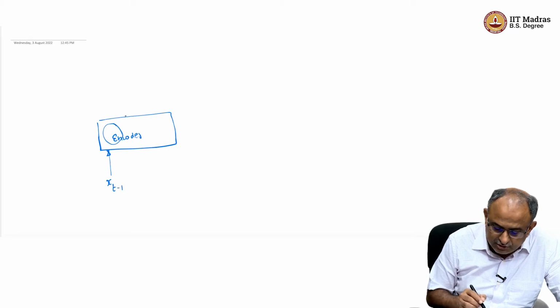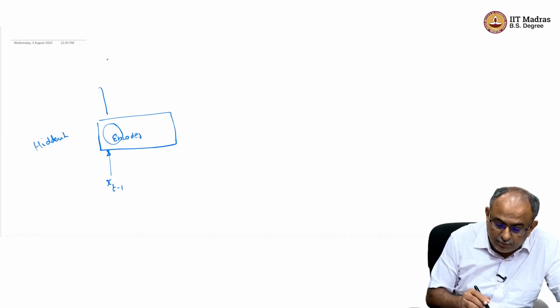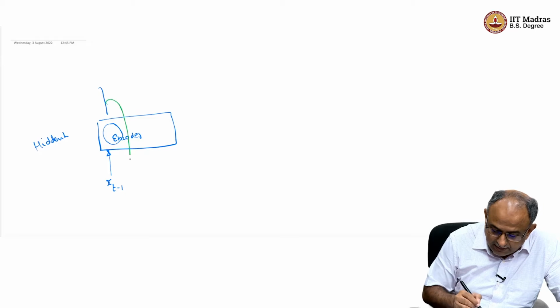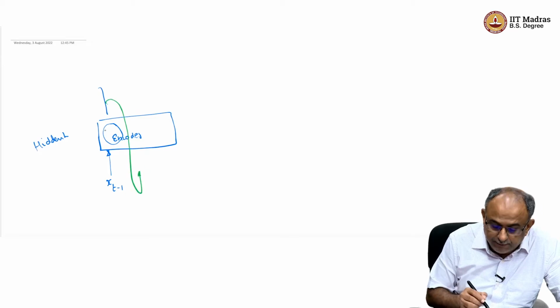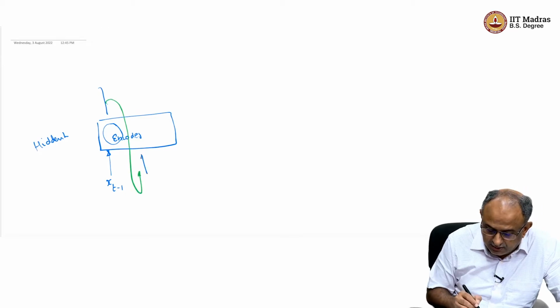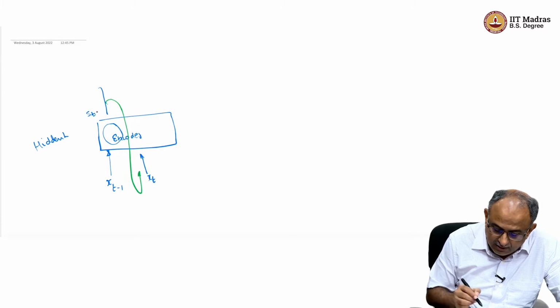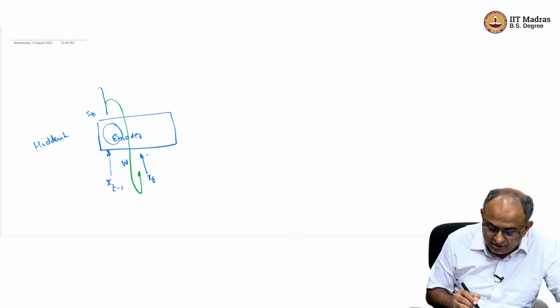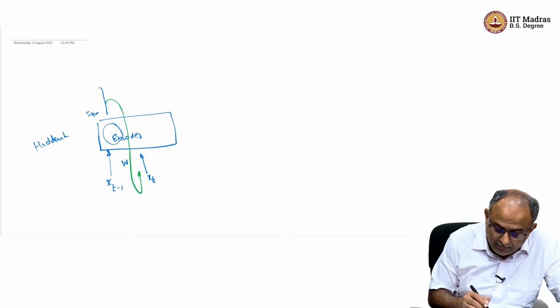This passes through the hidden layer, and then the output is fed back along with xt here. This is the output st. Sorry, this is st minus 1.